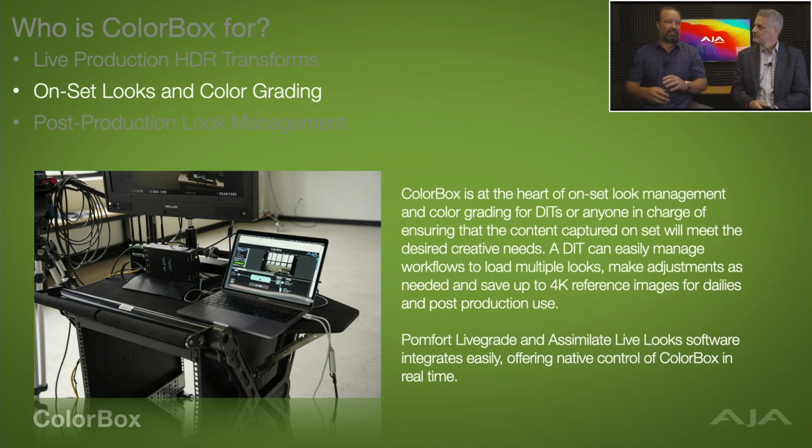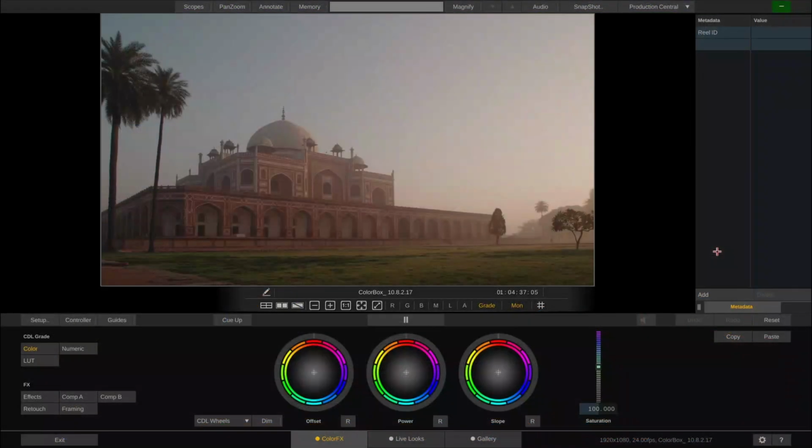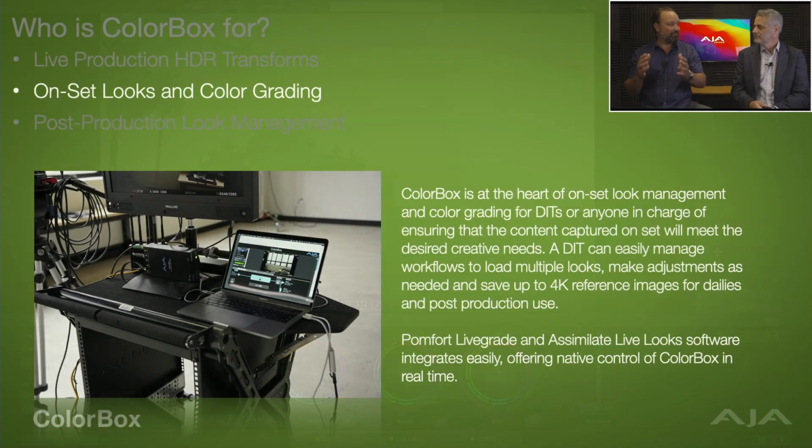With the integrations that we've done with Pomfort and Assimilate, being able to control their looks and manage their looks and help create or refine their looks on set, this is going to enable them to do that for their 4K Ultra HD critical on-set monitoring, as well as for conversion into HDR to make sure that their look is correct. And it'll be seamless for the user because of the dynamic LUT feature using those two software packages. It's all real time coming into the box, processed and out of the box.